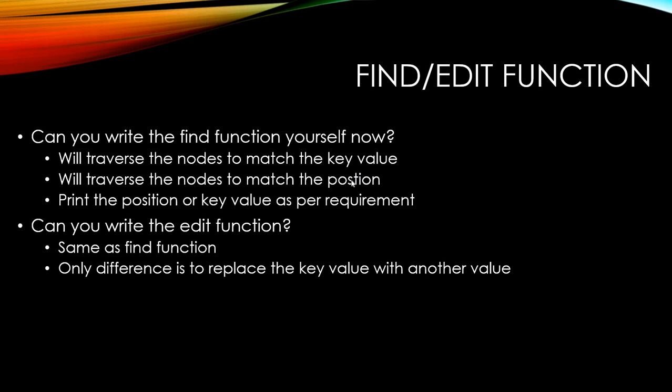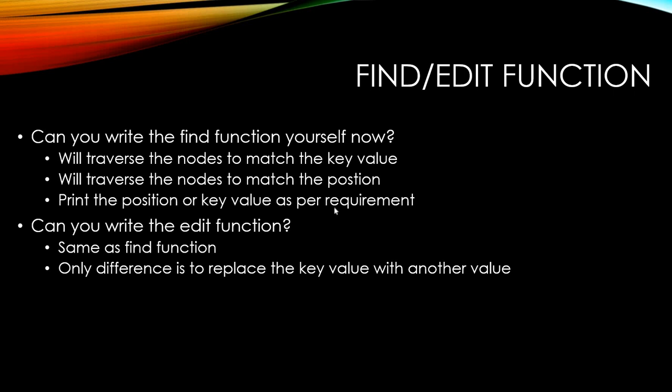Depending on what we have to do, if we have to edit based on the key value, then we will be traversing using the key value, and if we have to edit using the position, that means we want to change something in a specific position, then we have to traverse the nodes using the position. Then we have to print the position or key value as per requirement.